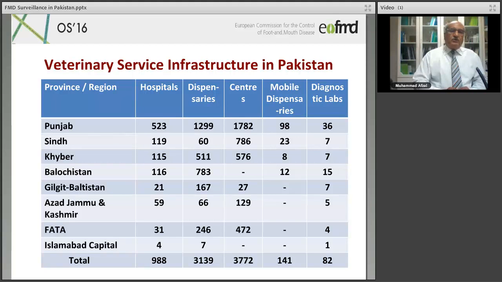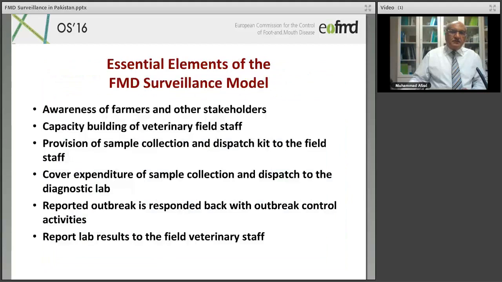This surveillance model was developed under the FAO project, Progressive Control of FMD in Pakistan. It has 6 main elements. If we really want to implement this surveillance model successfully, there are 6 essential elements that we need to address.